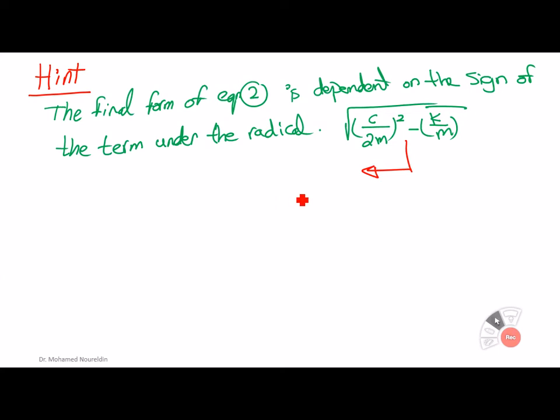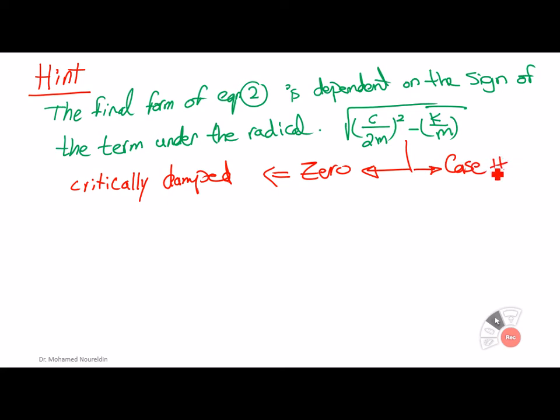The first case is when the term under the radical equals 0, and this is what we call the critically damped system, and we are going to give it case number 1. There is another case where this value under the radical is negative.